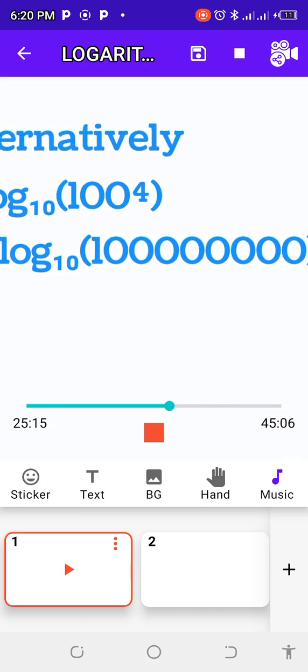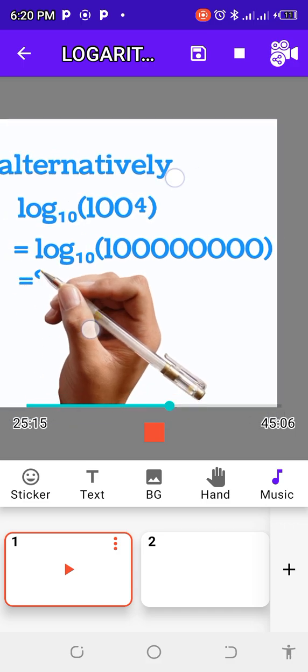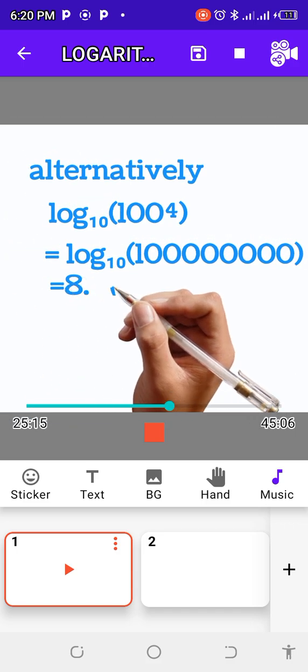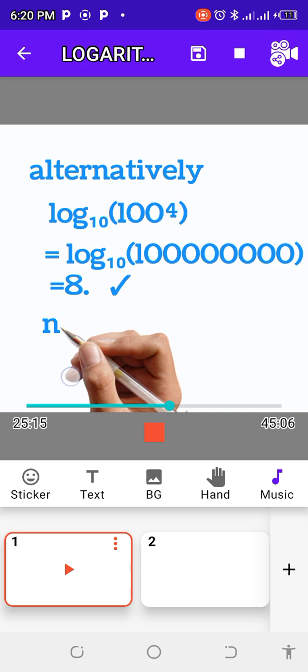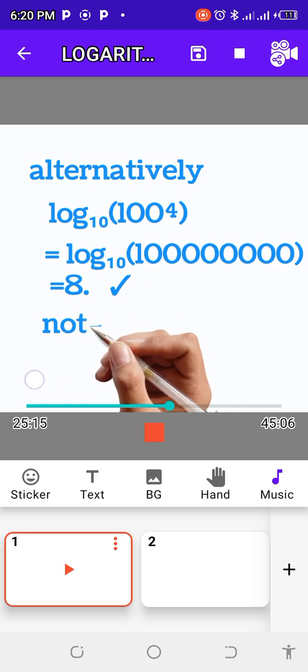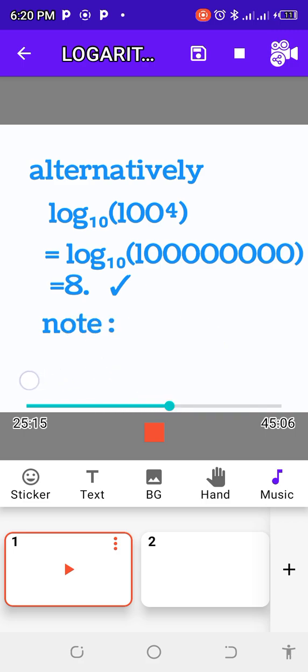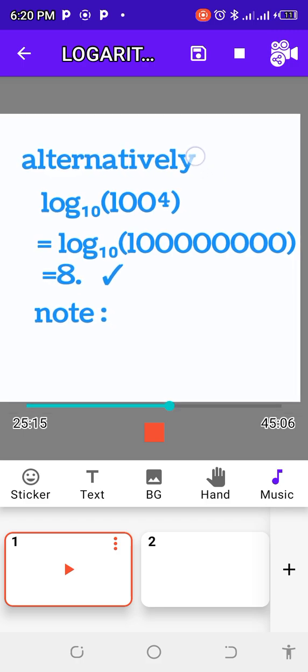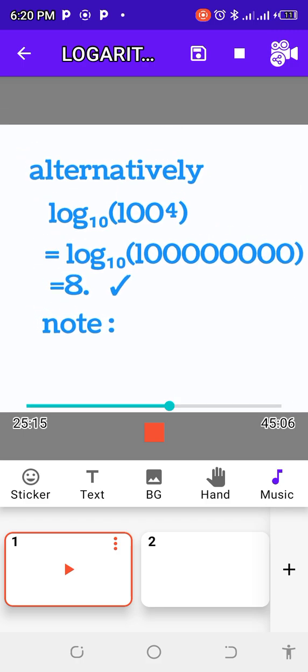That is 100 million. Log 100 million base 10 will give you 8. Or: 10 raised to the power what gives 100 million? 8.